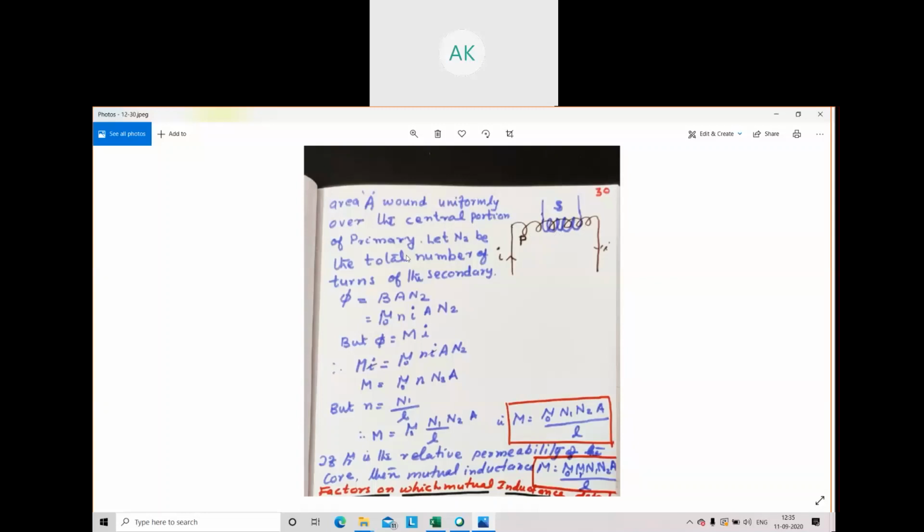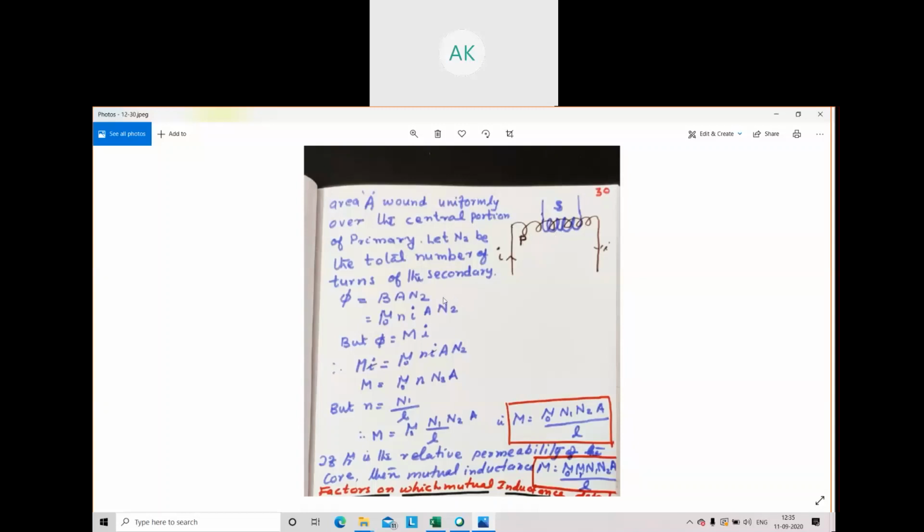When current I is sent through the primary coil, the flux linked with the secondary, phi, equals BA cos theta. If there are N2 turns, it is N2 into BA. Here cos theta is cos 0, because the magnetic field inside the solenoid and the area vector are in the same direction, so cos 0 is 1.